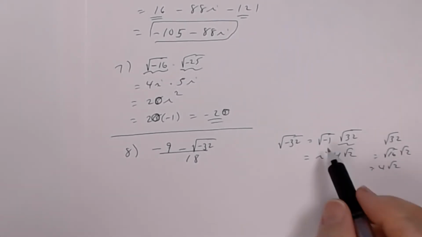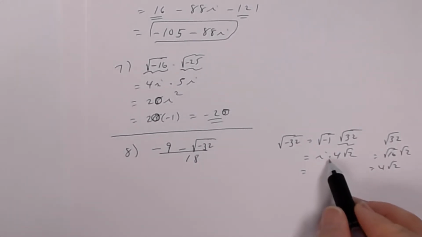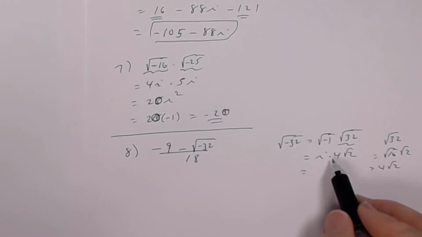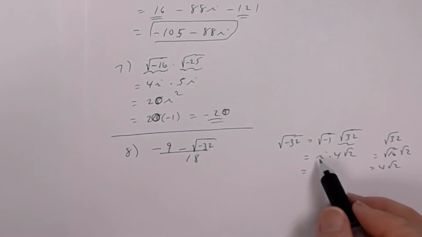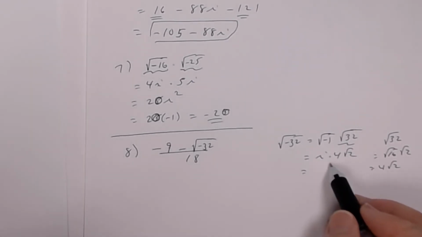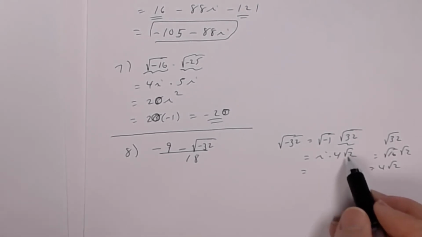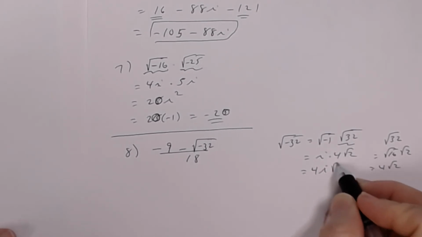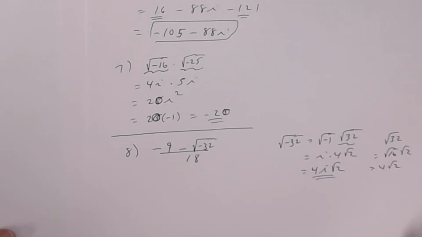Now, let me tell you about this. You see how I have i times 4 square root of 2, and I have a square root in this part here? It's always a good idea to put i in the middle. Always put the square root on the end. So we get 4i square root of 2, and that's how we prefer to write it.